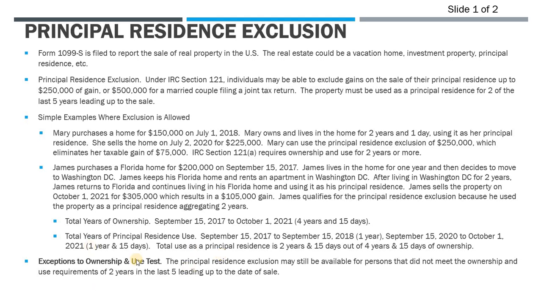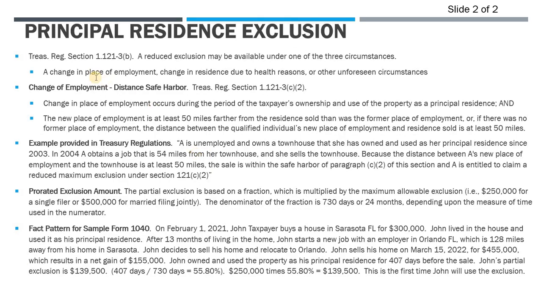Okay, so now what happens in cases where you did not meet the use test or the ownership test? You fell short of that 2 out of the last 5 year mark. Well, this is where the exceptions come into play. If we look at Treasury Reg Section 1.121-3(b), we have reduced exclusions available if one of three circumstances arise.